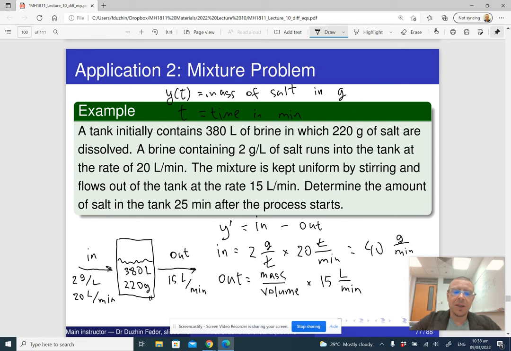Now what is the mass of salt? We have a notation for that. It is just y. Now, what is the volume?